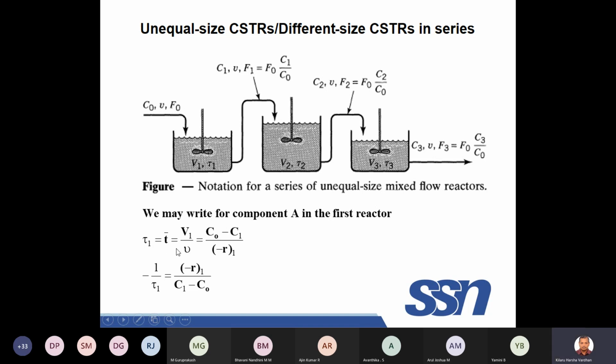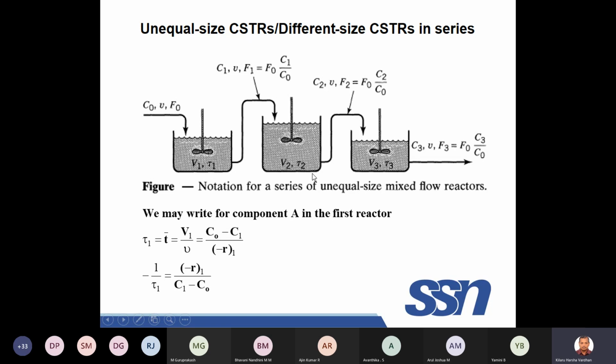So we rearrange this equation to calculate minus 1 by tau 1. We are just inverting this, that is flipping it. Numerator becomes denominator, denominator becomes numerator: minus R1 by C1 minus C naught, right? So keep this in mind, minus 1 by tau 1.